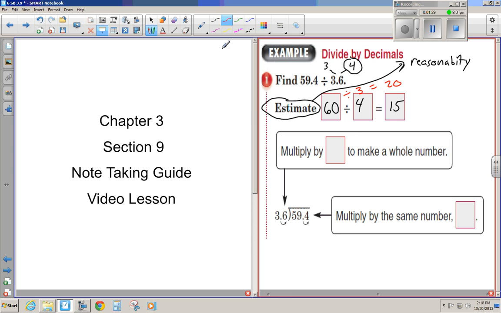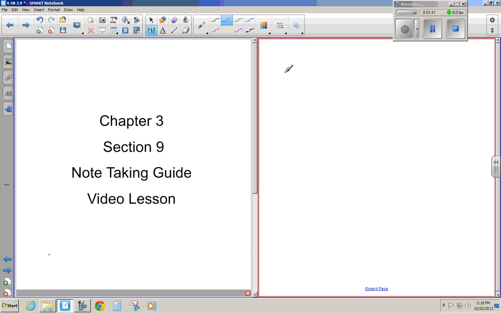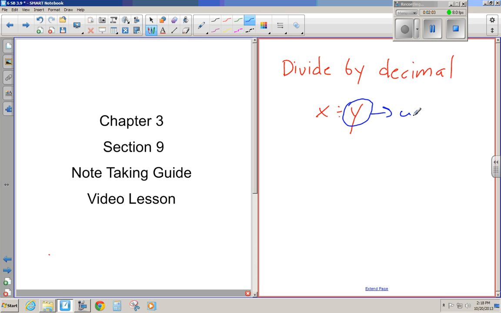All right. Now, what you're going to do here, this is the key. Multiply by blank to make a whole number. So when you're dividing by a decimal, if you have, I'm just going to use some variables here, x divided by y, this number right here has to be a whole number.